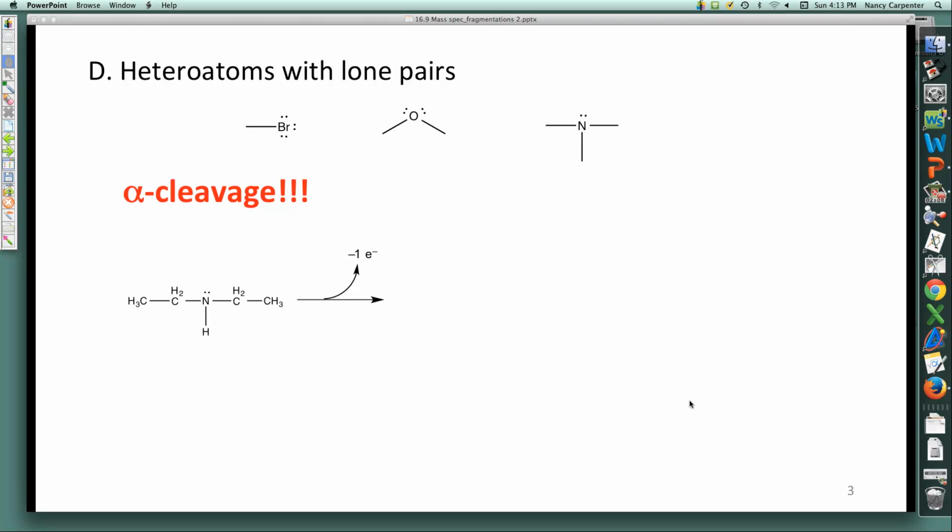So, for example, we'll look at this diethylamine. But before we look at the structure of the molecular ion, what big clue are you going to get from the mass spectrum of diethylamine? Well, it's going to have an odd molecular weight, an odd molecular ion. So remember the nitrogen rule.